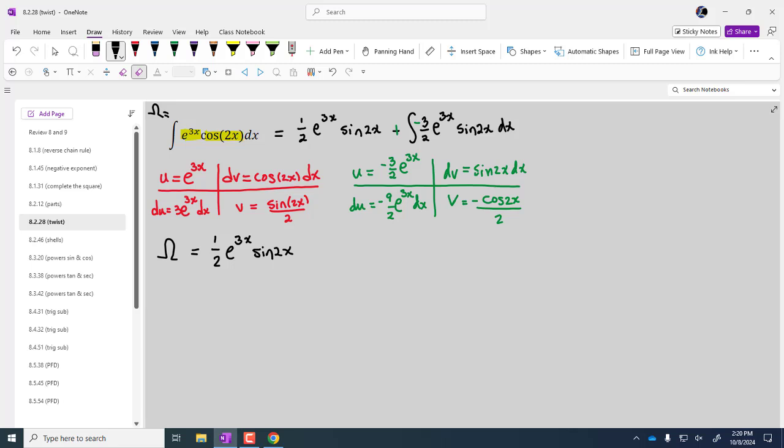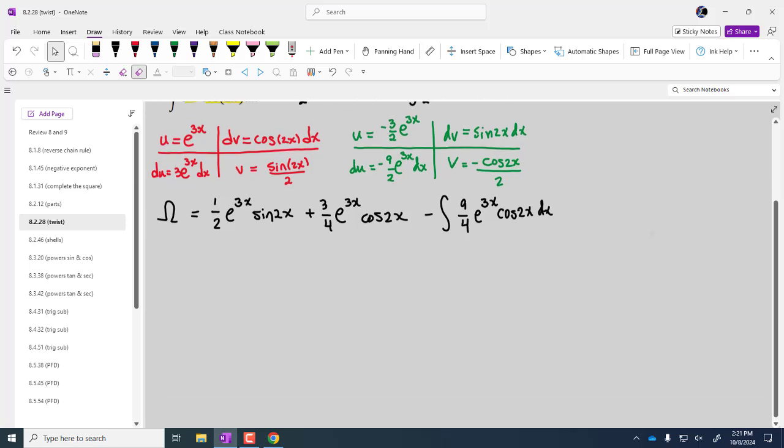U times v is positive, so that's going to be 3/2 times 1/2 is 3/4, positive 3/4 e to the 3x cosine of 2x. So that's uv minus the integral of the bottom row, v du. So that's going to be positive 9/4 e to the 3x cosine 2x.